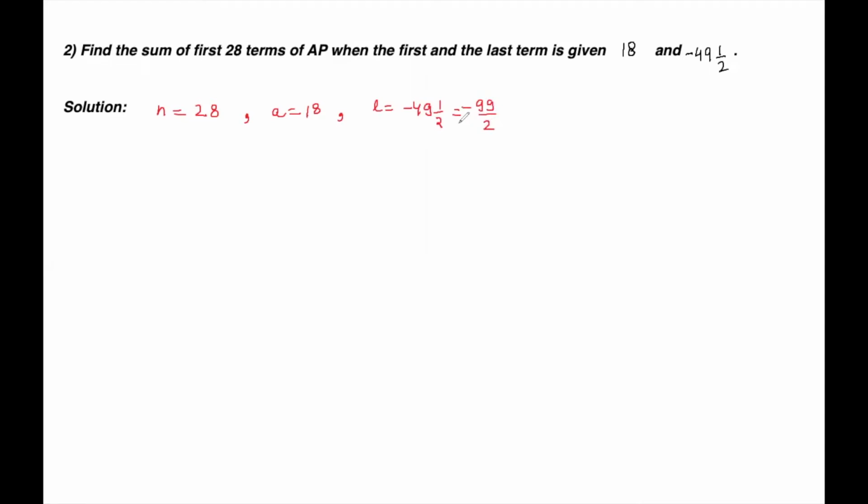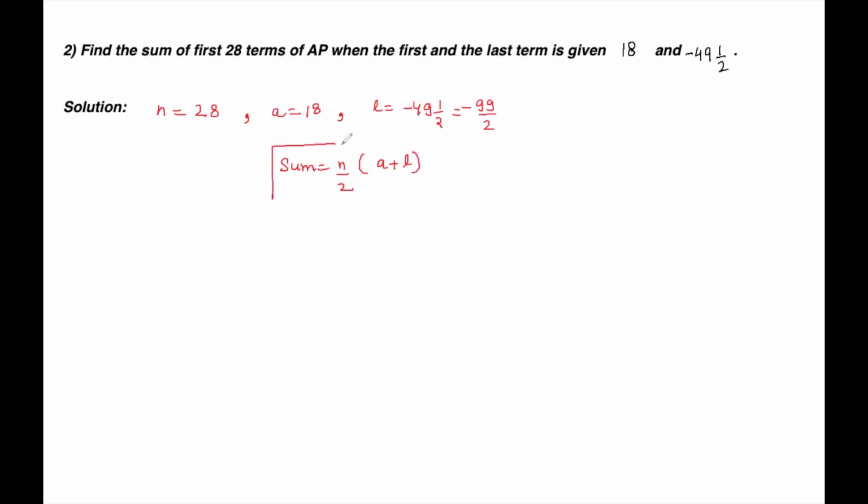Okay. Now, one thing to note here is that if in an AP the number of terms is given along with the first and the last term, and the common difference is not known to us, in that case we use the sum formula: sum is equal to n by 2 into a plus l. Okay.